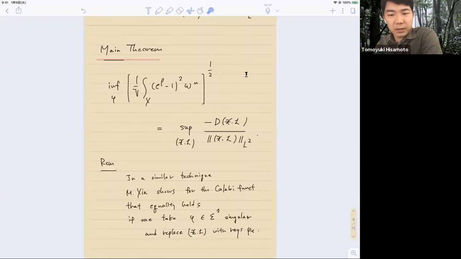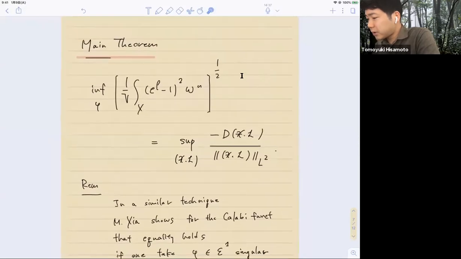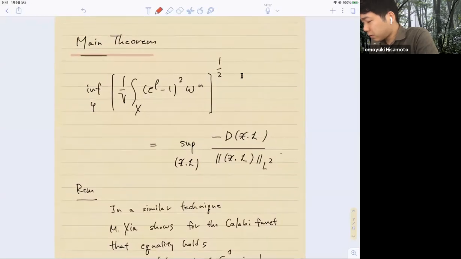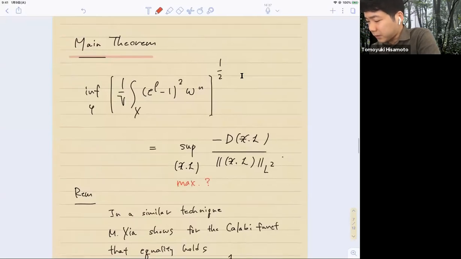The question is about whether the supremum is a maximum or the infimum is a minimum. So for the right-hand side, the supremum is expected to be a maximum. We expect that this is a maximum, but this infimum is never a minimum.